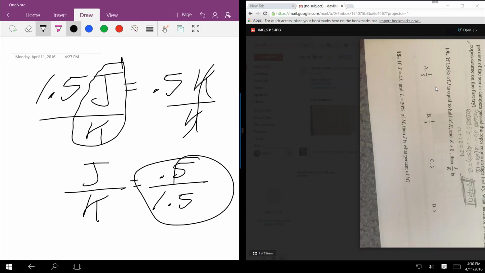Yeah, so that fraction is 1/3. If you prefer, I'll divide the top by 0.5 and the bottom by 0.5. And that gives me exactly 1/3. But you should be able to look at 0.5 over 1.5 and know that's 1 over 3. That's not something you really need to do more algebra on. You want to start recognizing these kinds of ratios.